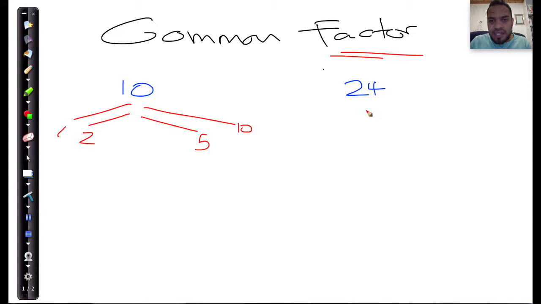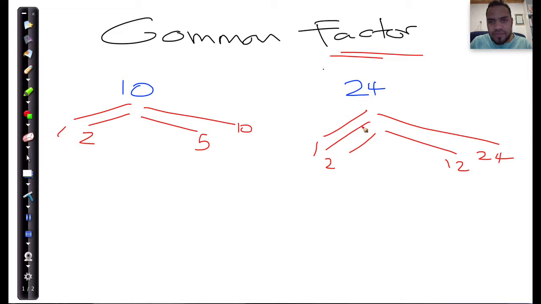So let's look at 24. The first factor of 24 is 1 and 24. The next factor of 24 is 2 and 12. The next is 3 and 8. The next is 4 and 6, and then we get 5 and nothing, and then 6 starts to repeat itself because it's 6 and 4.